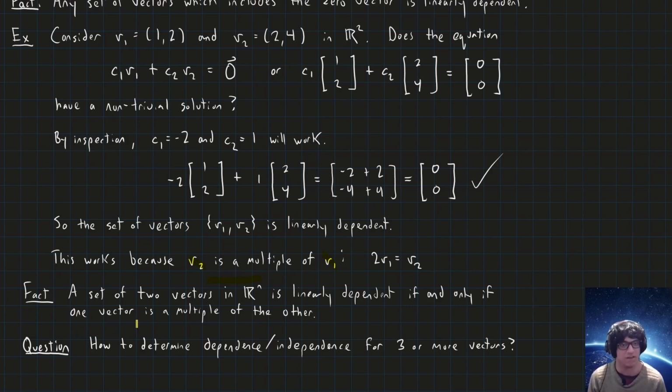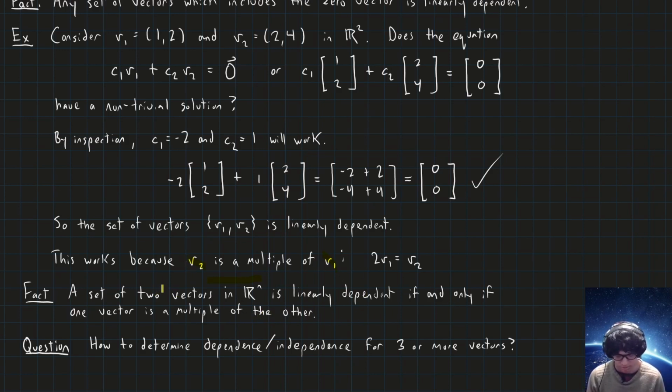And we have this fact here that if we just have a set of 2 vectors, they will be linearly dependent if and only if one vector is a multiple of the other. That's a fact you might want to try to prove on your own.